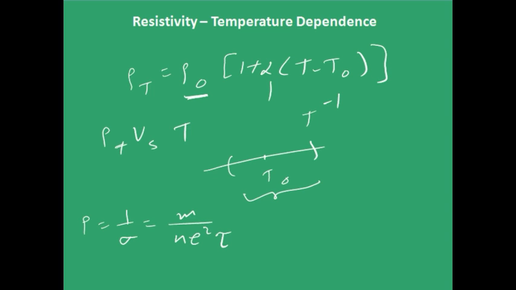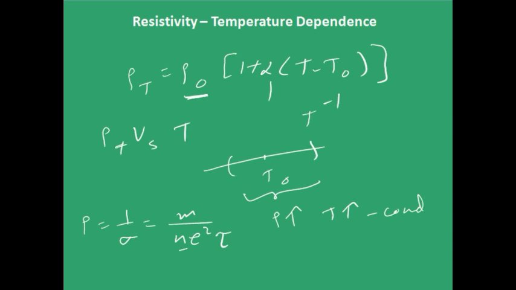So you expect this tau, the time between two collisions, to reduce, and hence you expect the rho to increase, because n is pretty much constant for metals. It doesn't change with temperature. So the resistivity increases with increase in temperature for conductors.